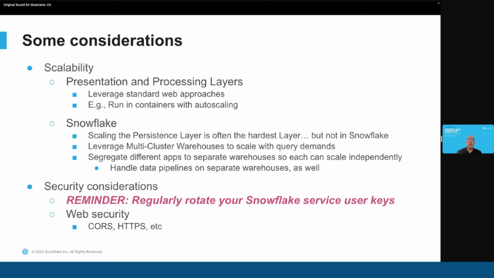And the last one is what Vikant also presented in his stress load demo: how you can use the multi-cluster options to scale, and how Snowflake automatically auto-scales your warehouse in order to serve higher concurrency and serve SQL queries once they are queued. So this is leveraging multi-cluster warehouses. And you can segregate different apps to separate warehouses so each can scale independently. This is what I discussed about scale across and scale up.